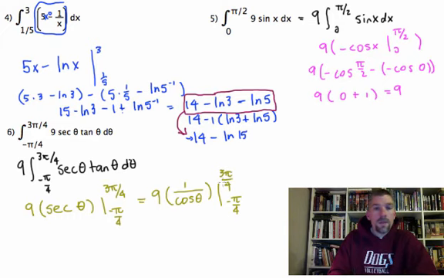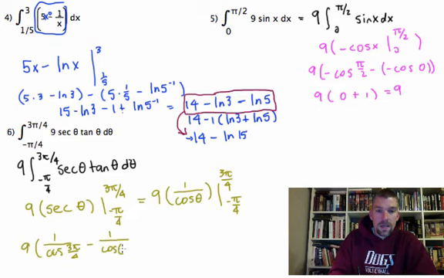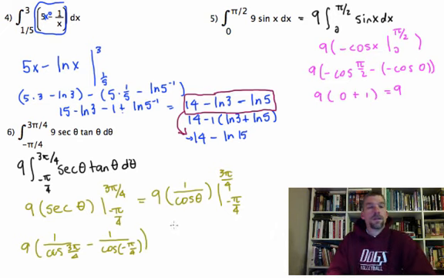Okay, and we just simply put in 3 pi over 4 for theta. So what we're going to end up with is 9 times 1 over cosine of 3 pi over 4 minus 1 over cosine of negative pi over 4. And the cosine at all the pi over 4s is square root of 2 over 2.